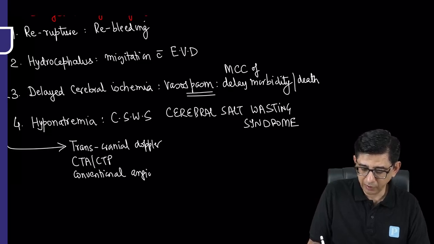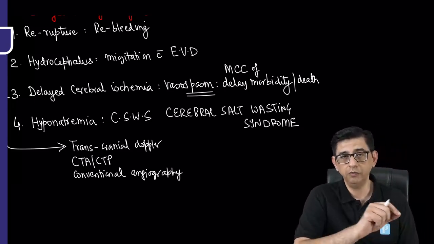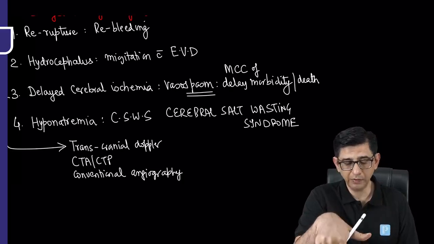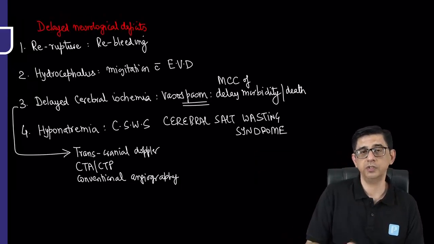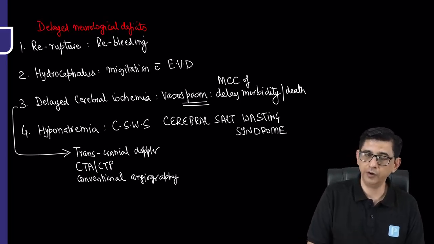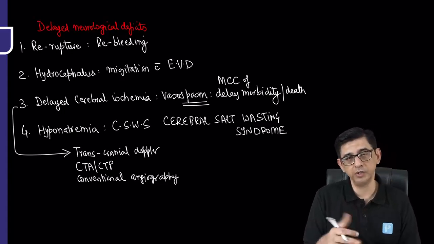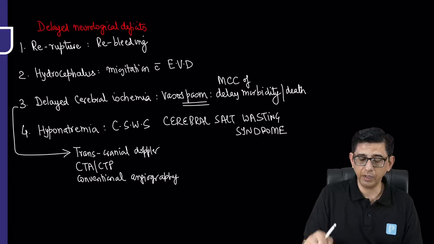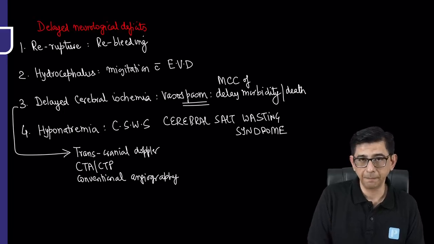And why conventional angiography will be preferred here is because I can be giving intra-arterial treatment. Suppose on conventional angiography I'm able to demonstrate a substantial amount of vasospasm of the entire anterior circulation or entire middle cerebral artery or entire posterior circulation, then I can be directly injecting vasodilators into the narrowed blood vessel.